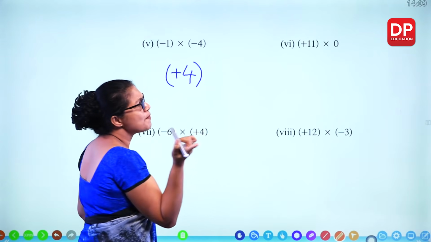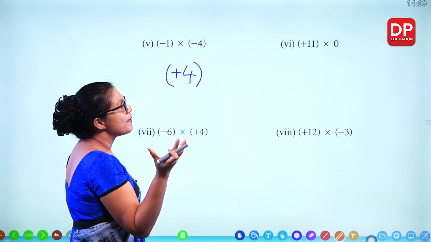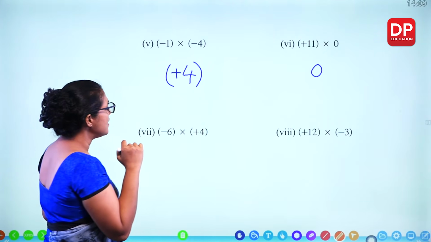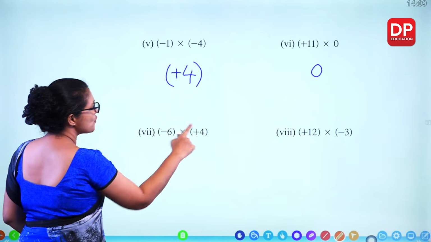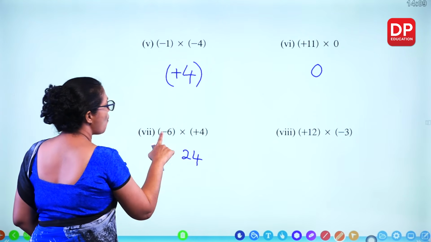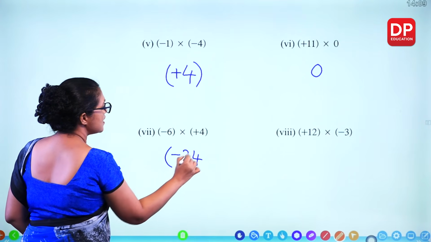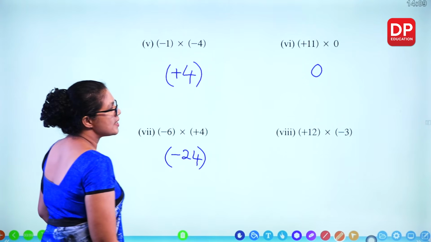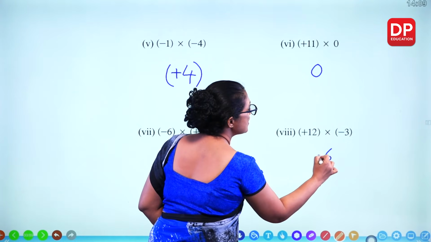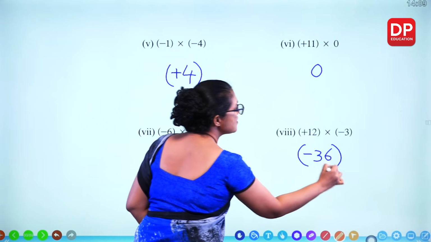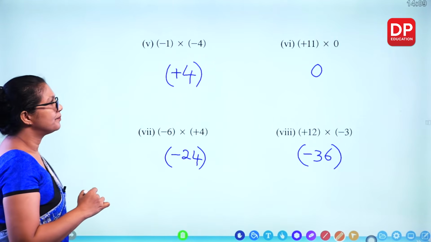Here 11 times 0. When you multiply any number by 0, always you get answer 0. 6 times 4, 24. 1 is negative and 1 is plus. Answer is negative. 12 times 3, you get 36. 1 is positive, 1 is negative. Answer is negative.